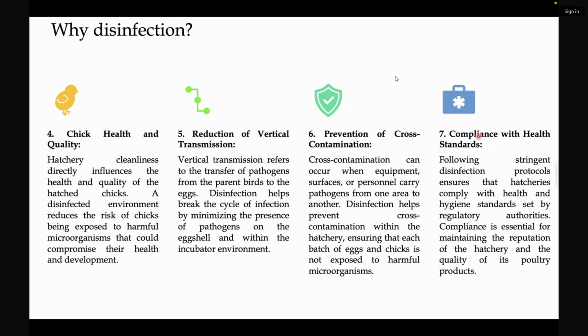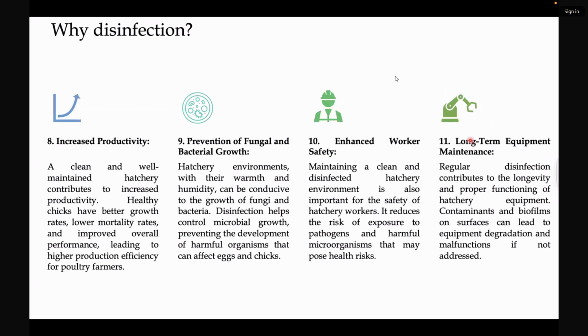In doing so, we must disinfect regularly, because some of the diseases may be zoonotic and may have much more economic impact than just hindering your enterprise. They may harm other enterprises as well when they spread out. So we have to be careful about the health standard, and disinfection helps in maintaining that.